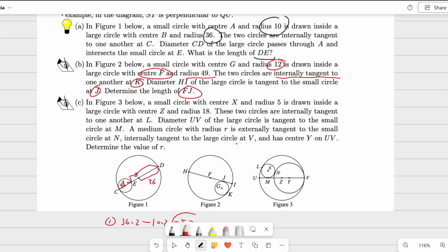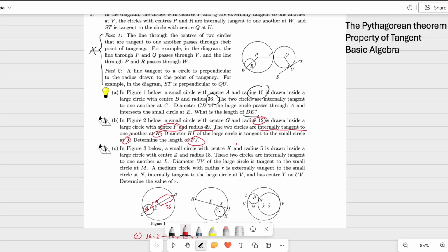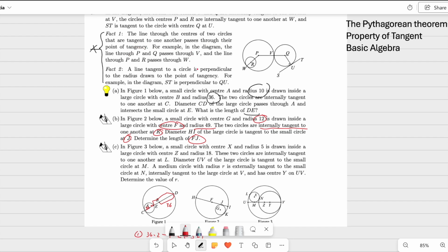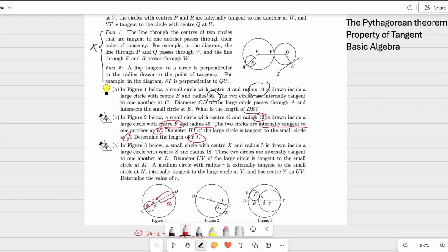Okay, so in this case, we use both fact 1 and fact 2, where the line through the centers of two circles that are tangent to one another passes through their point of tangency, and a line tangent to a circle is perpendicular to the radius drawn to the point of tangency.